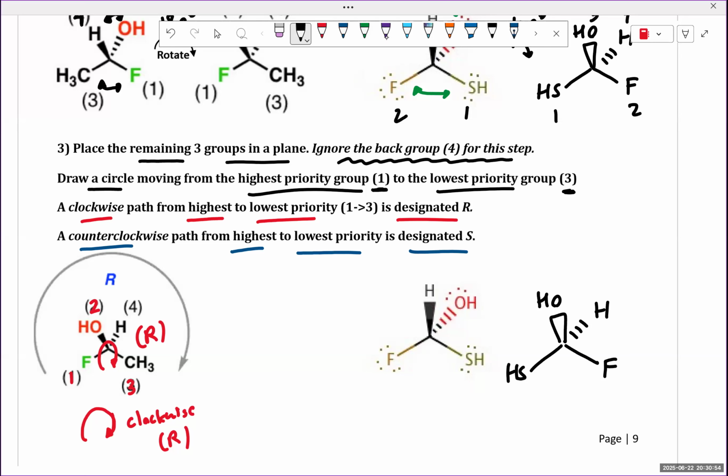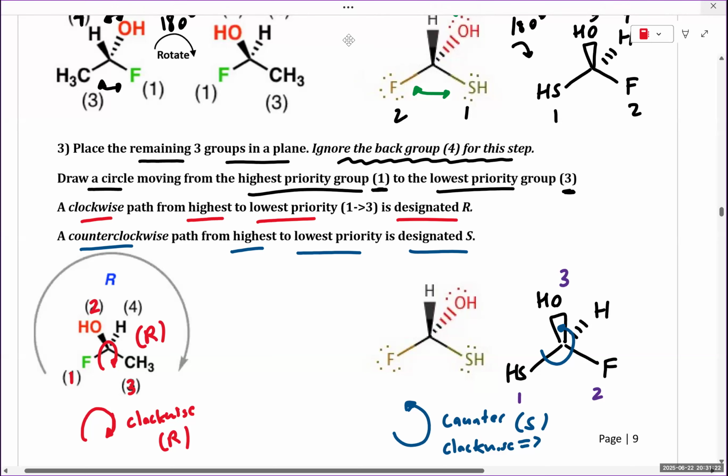Perfect. Next, we look from highest to lowest priority. Here, tracing from highest to lowest priority gives us a counterclockwise rotation, which in turn means this would be an S stereocenter.